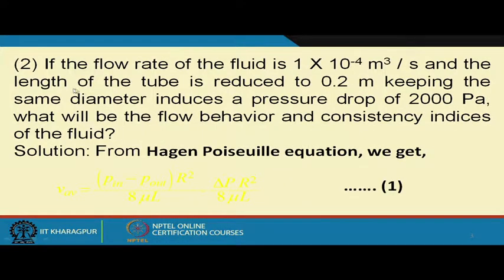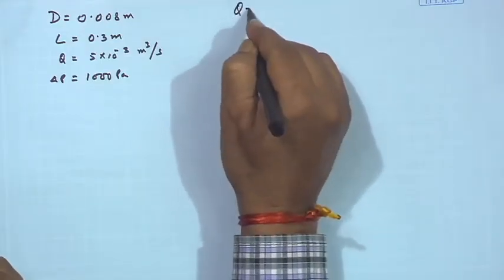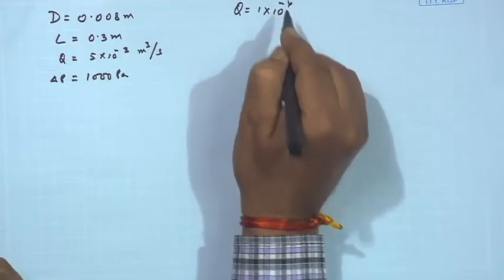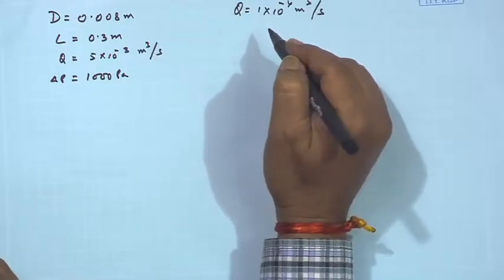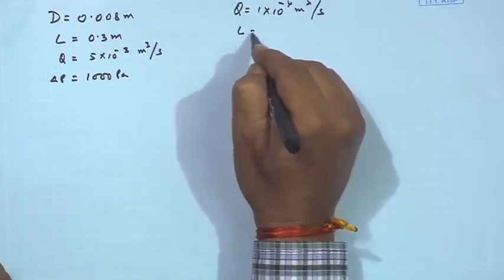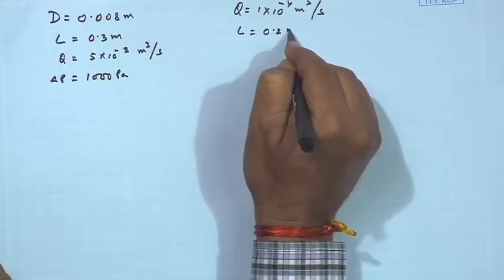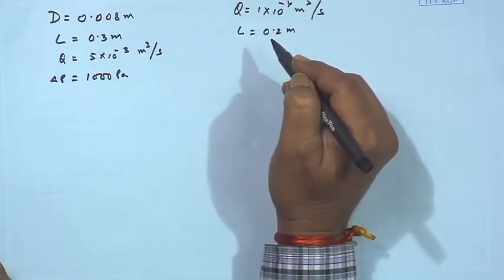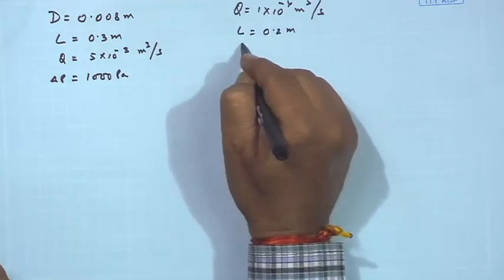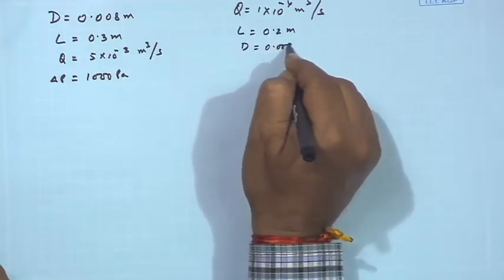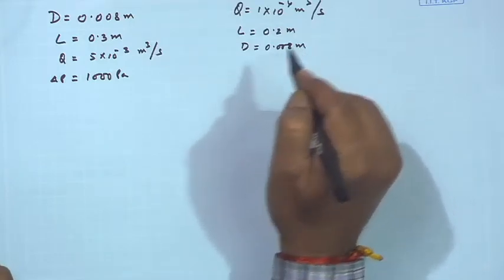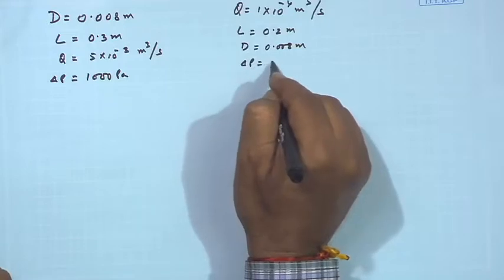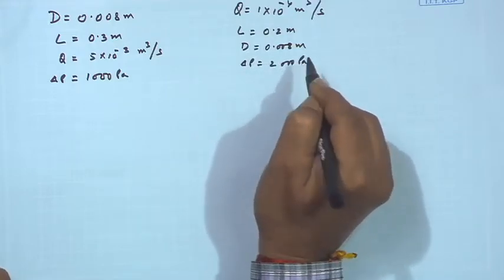Second question: if the flow rate of the fluid is 1 into 10 to the power minus 4 meter cube per second and the length of the tube is reduced, so L is 0.2 meter, keeping the same diameter, that is D is equal to 0.008 meter, and it induces a pressure drop, so delta P is equal to 2000 Pascal, right.